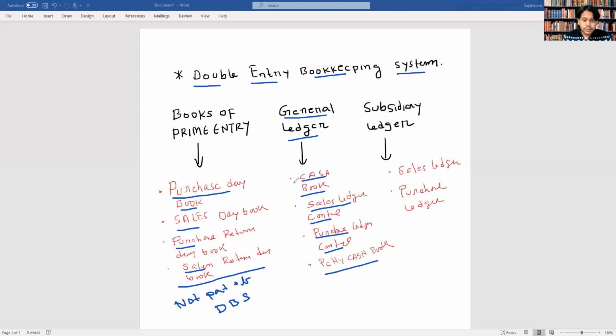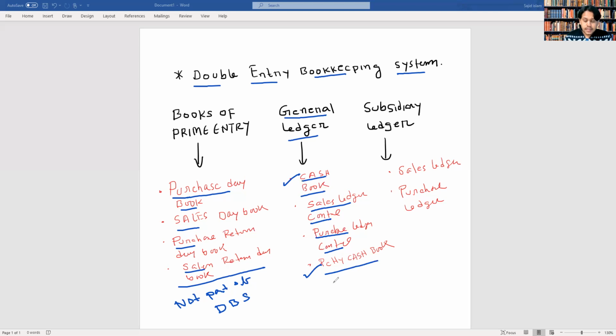Remember, the cash book and the petty cash book can be books of prime entry and can be part of the general ledger. But in the exam, if the question doesn't say anything specifically, you have to understand the cash book and the petty cash book are part of the double entry bookkeeping system. So part of the general ledger.